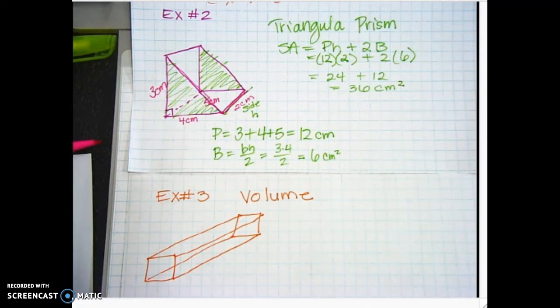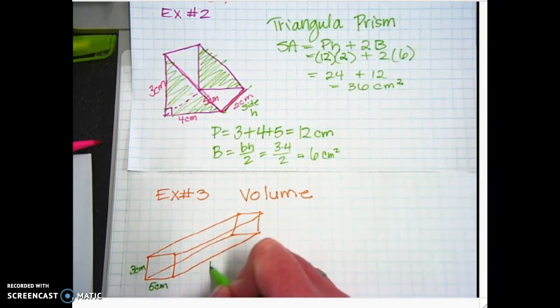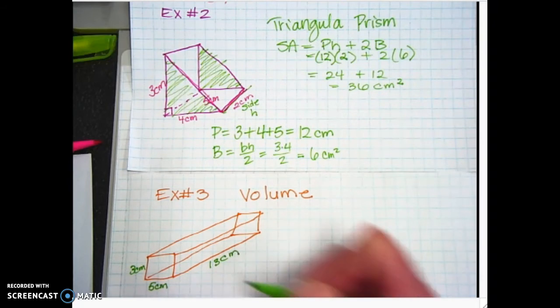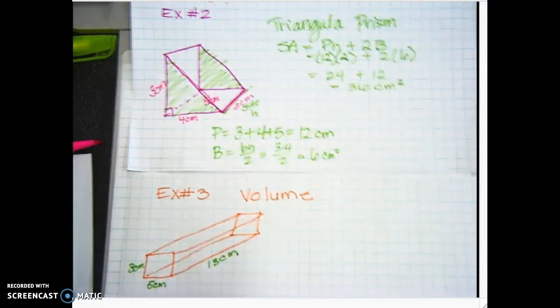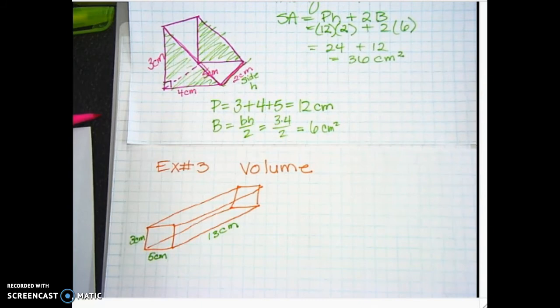So here's our figure, and I'm going to give you some measurements of 3 centimeters, 5 centimeters, and 13 centimeters. First thing we want to do is identify this figure. Anybody know what this one is? It's a rectangular prism.